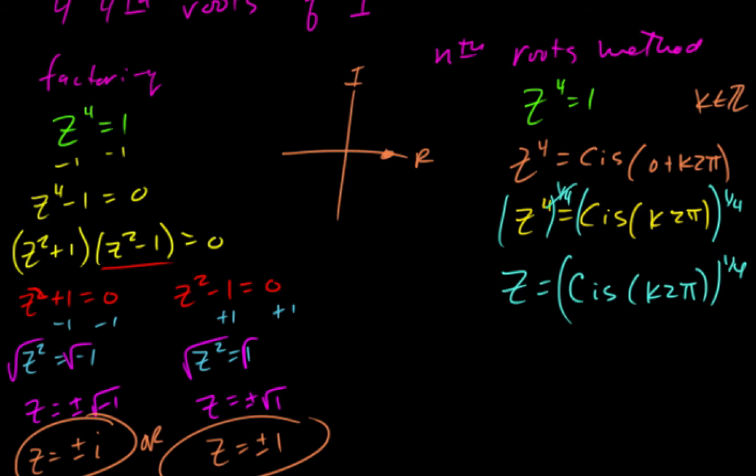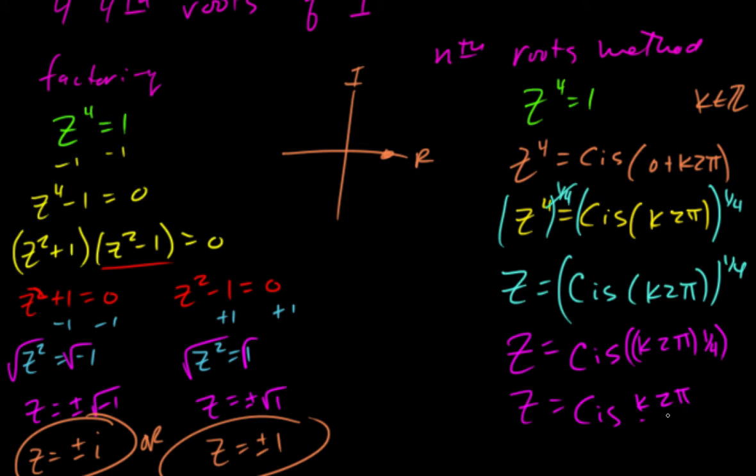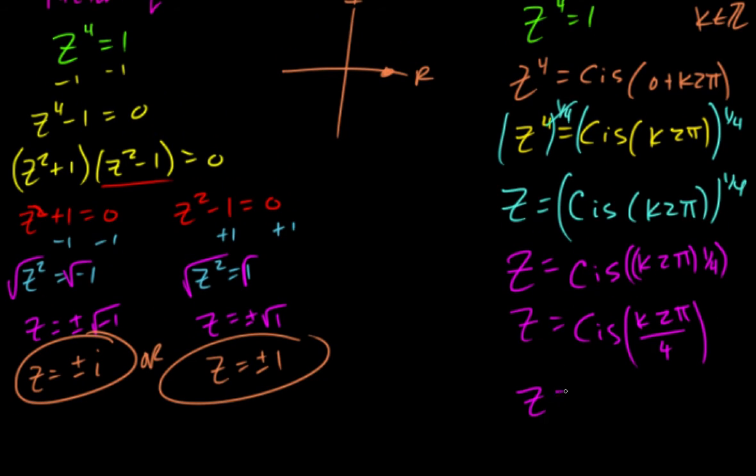Okay, now if we use de Moivre's theorem, we end up getting z is equal to this times 1/4, which if we simplify that, k 2 pi over 4, okay, and then simplify that even further, the 2 and the 4, you get k pi halves.